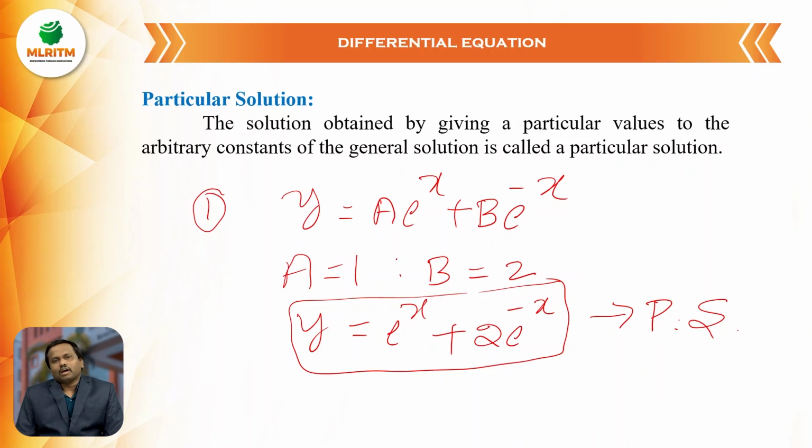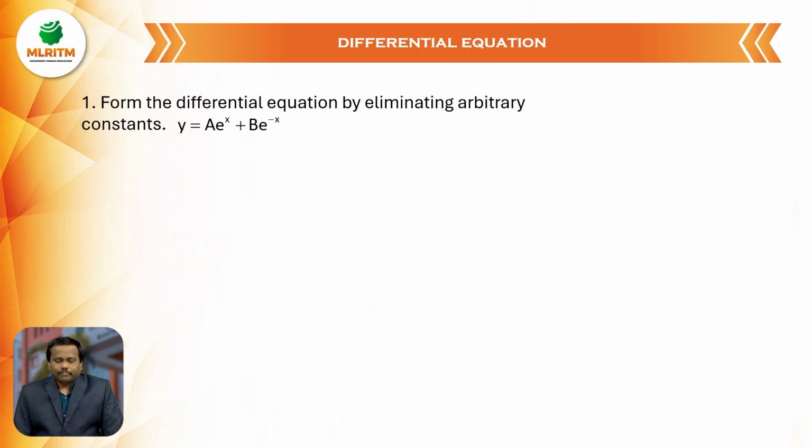Next we can go for how to form a differential equation. Form the differential equation by eliminating arbitrary constants, where y equal to a e power x plus b e power minus x. As we discussed already, this is a general solution because it contains arbitrary constants.